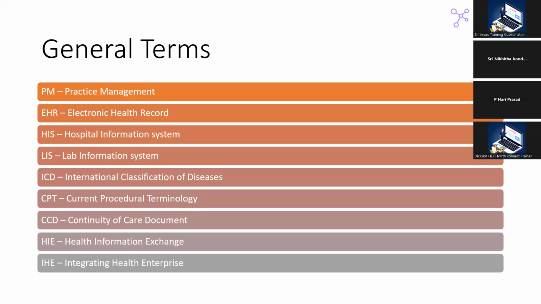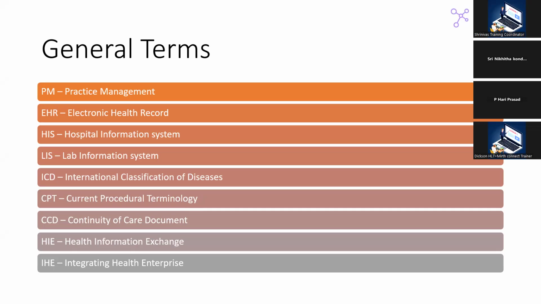And then you have LIS, which is Lab Information System. Again, this is an app that is specifically used by the labs so that they can receive orders, generate results, and send the results electronically back to the hospital systems. Then we have ICD and CPT.